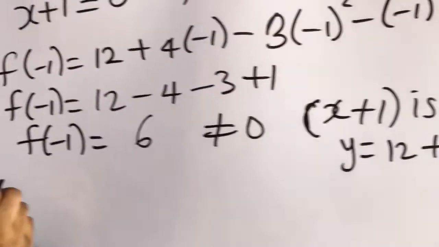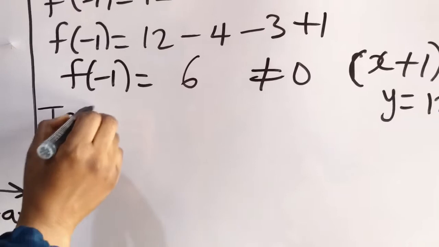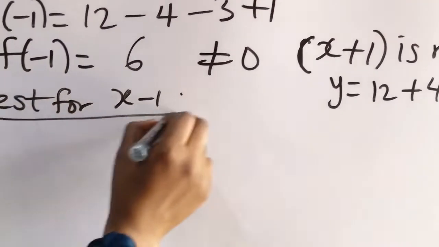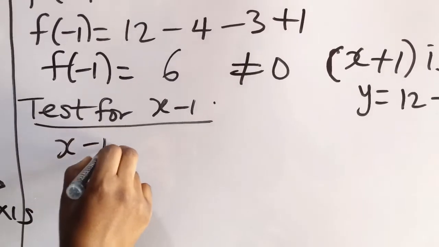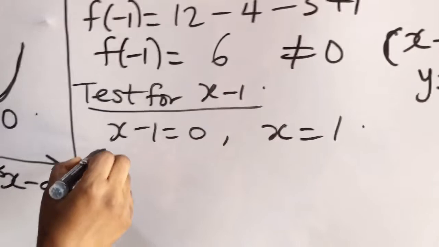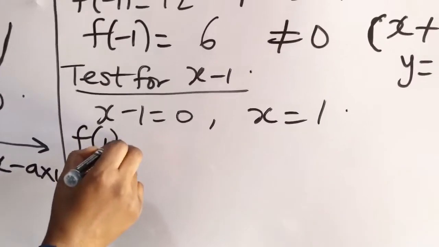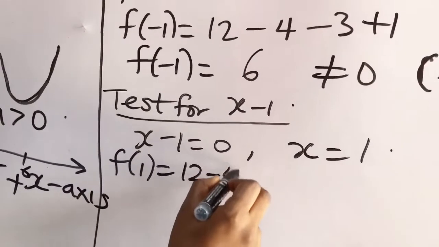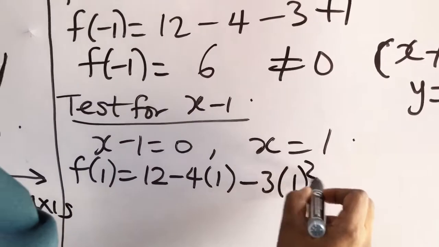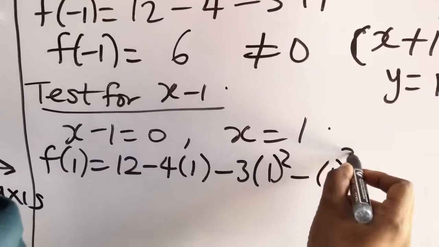So let's test for x minus 1. Now x minus 1 is equal to 0 means x is equal to 1. So from here, f of 1 will be equal to 12 plus 4 multiplied by 1 minus 3 multiplied by 1 squared minus 1 cubed.